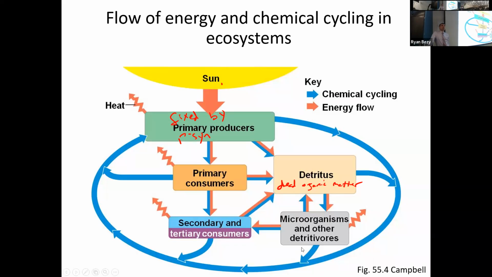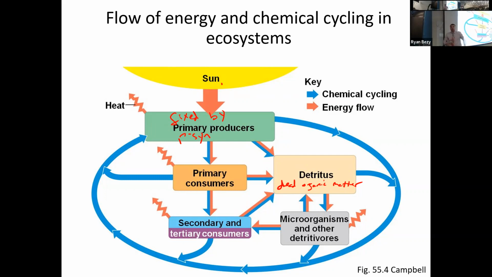But sometimes all of this stuff also just releases chemical nutrients into things like soil or water. And those chemical nutrients can get picked up by the primary producers and recycled. So if you're looking at this, we set up recycling of nutrients. Remember, this blue is the chemical cycling. You can see that's the only thing that forms a circle in the end, gets recycled.